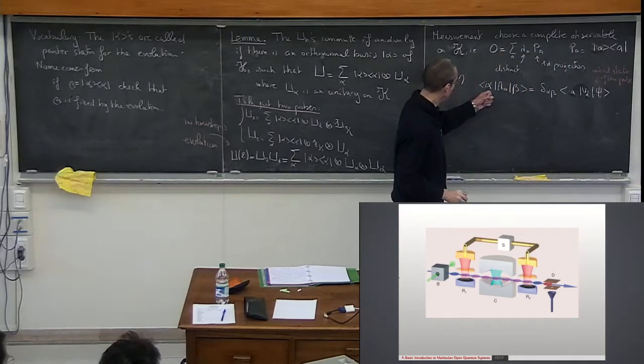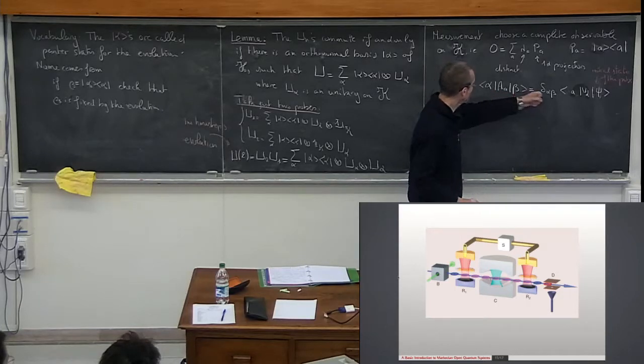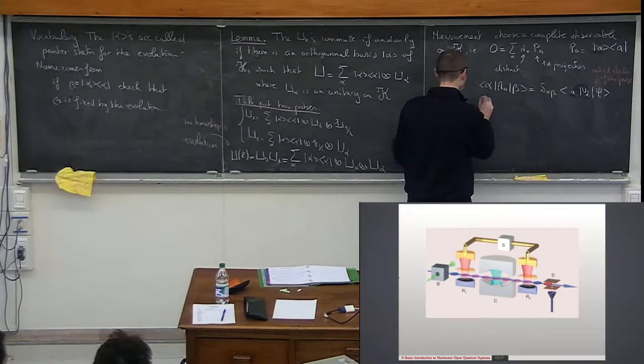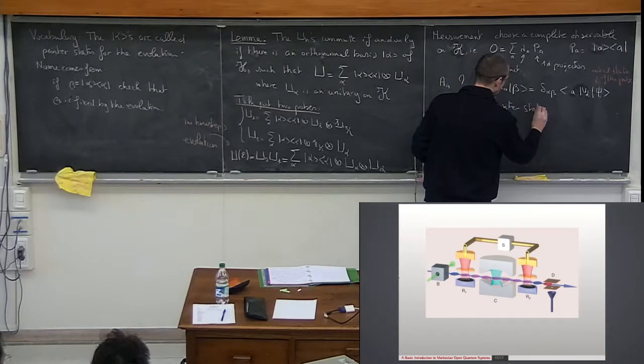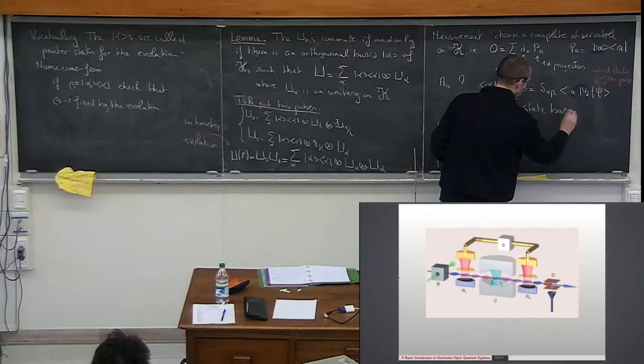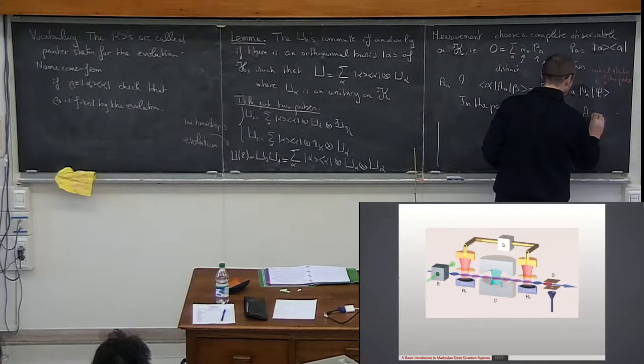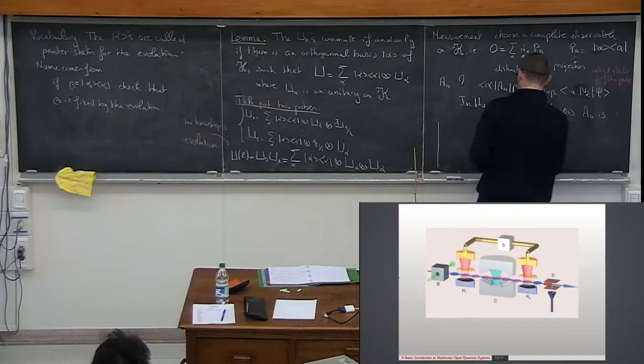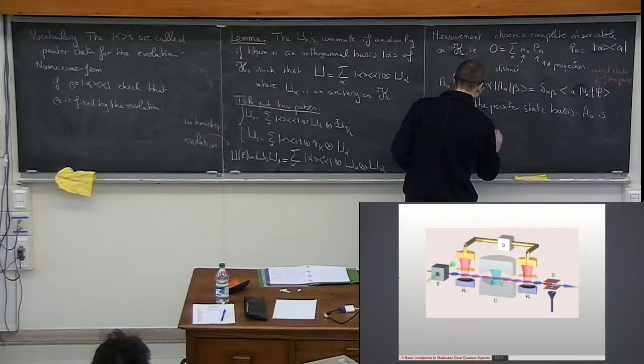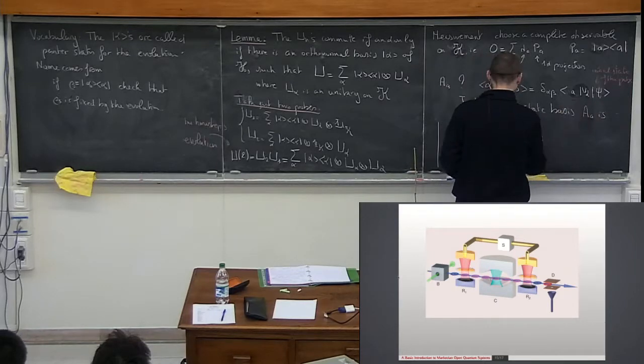So the matrix elements of this guy here are just diagonal. So AI in the pointer state basis is diagonal. And by definition, I give a name to this, alpha AA beta.